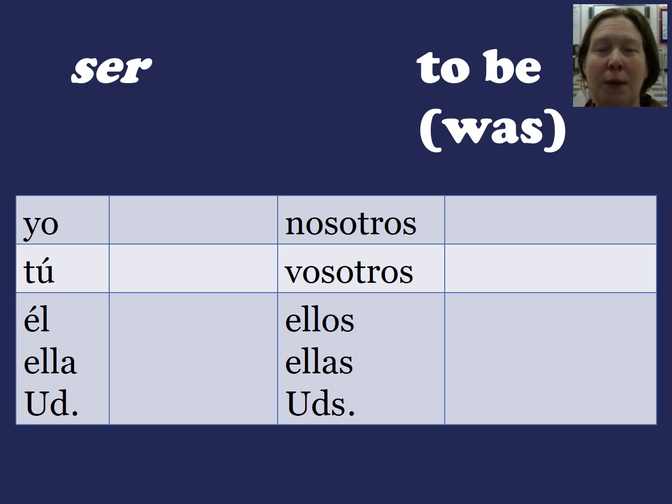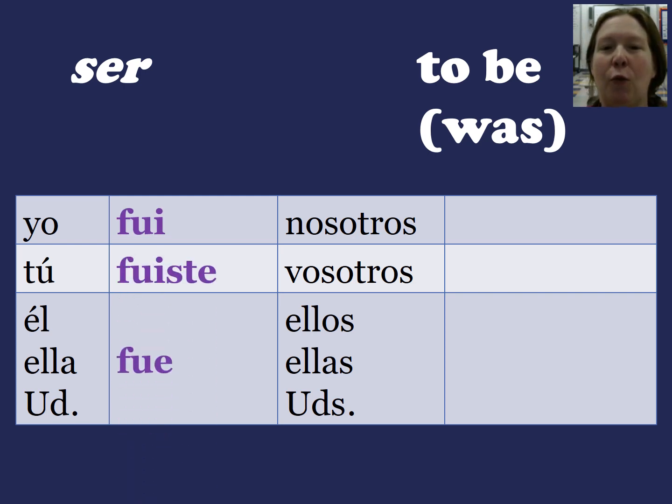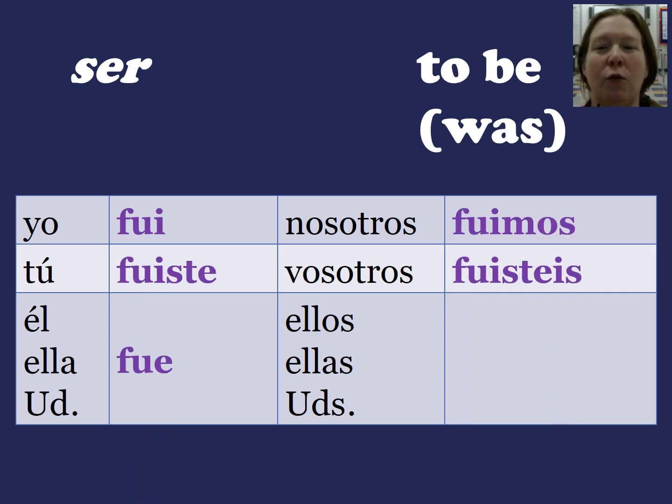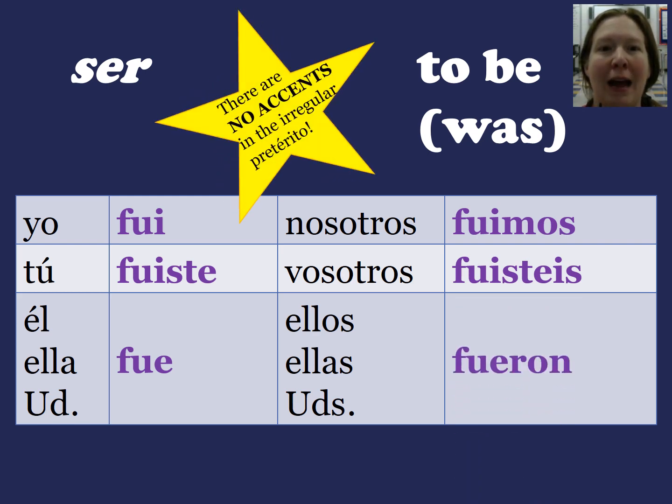Ser is going to be used to talk about things that are more permanent. So estar is different. It's actually in a different set of irregular verbs that we're going to do later. But for ser, the conjugations are fui, fuiste, fue, fuimos, fuistes, and fueron. Again, there are absolutely no accents in the irregular preterite.